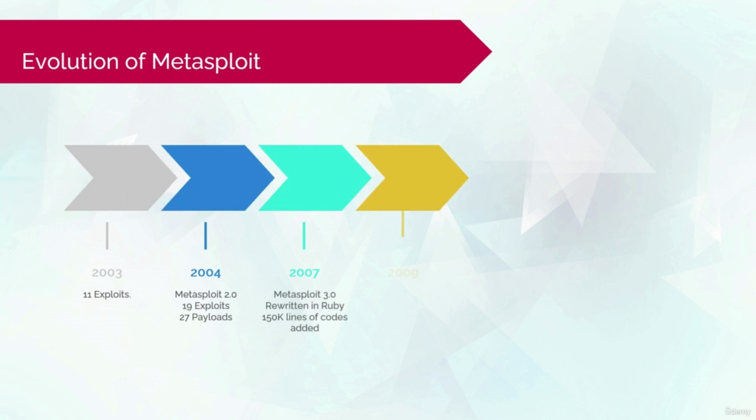In the fall of 2009, Metasploit was acquired by Rapid7, which allowed H.D. to build a team to focus only on the development of the Metasploit framework. After the acquisition, updates have occurred more rapidly. Then Rapid7 released two commercial products based on the Metasploit framework, Metasploit Express and Metasploit Pro.